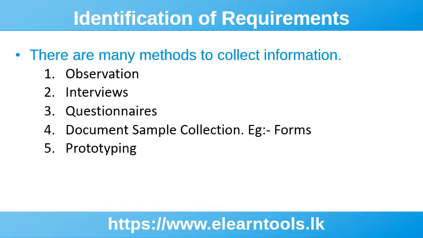For example, you can collect some sort of forms in that institute. Then another one is prototyping. Prototyping is a working piece of software or some kind of screenshots. Then by looking at this working piece of software, the users can get some idea about the system that they are going to get. Then it will be easy for us to communicate with each other.